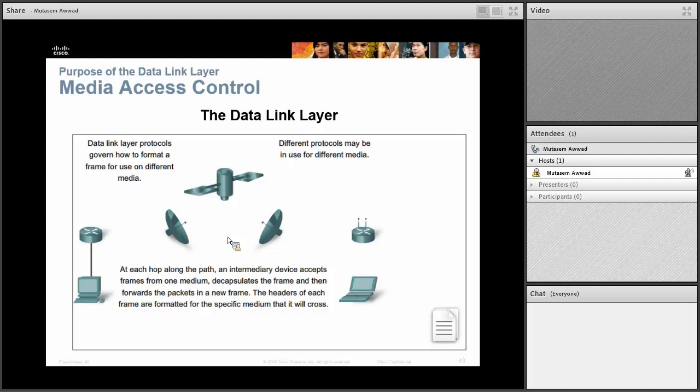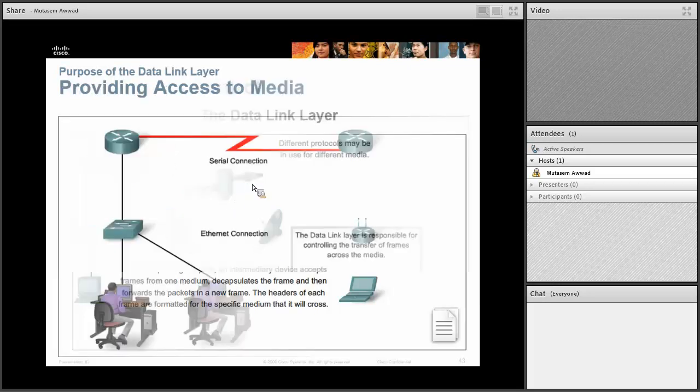Anyway, media access control. Your frame will travel in different media that traverse the network, from a dish to a satellite and so on. Your packet will leave a frame and get re-encapsulated into another frame as it traverses the network from one hop to another. Okay?